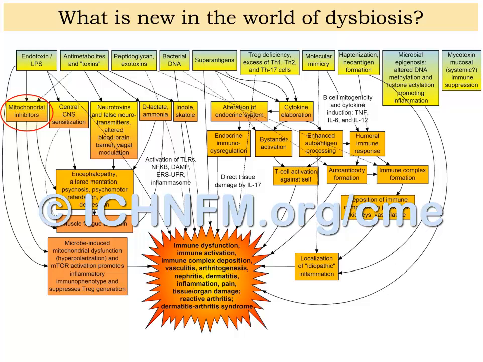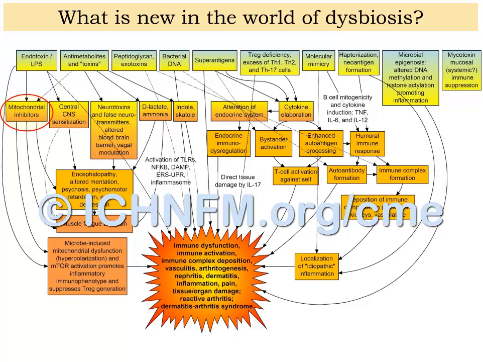Even 2 years ago, I remember lecturing on microbes and mitochondria, and all we could say at that point was that mitochondria seem to sense microbial presence or microbial infections, and then they become kind of inflammatory mitochondria, but we really didn't understand the mechanisms. These days we've got a very clear understanding of the mechanisms, and it's through, at least in part, mitochondrial hyperpolarization. I'll show you another diagram on that in just a moment.